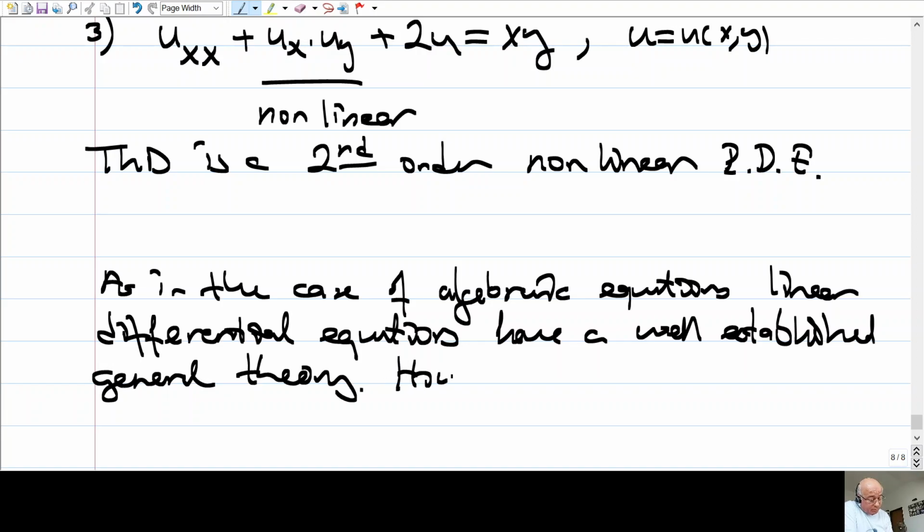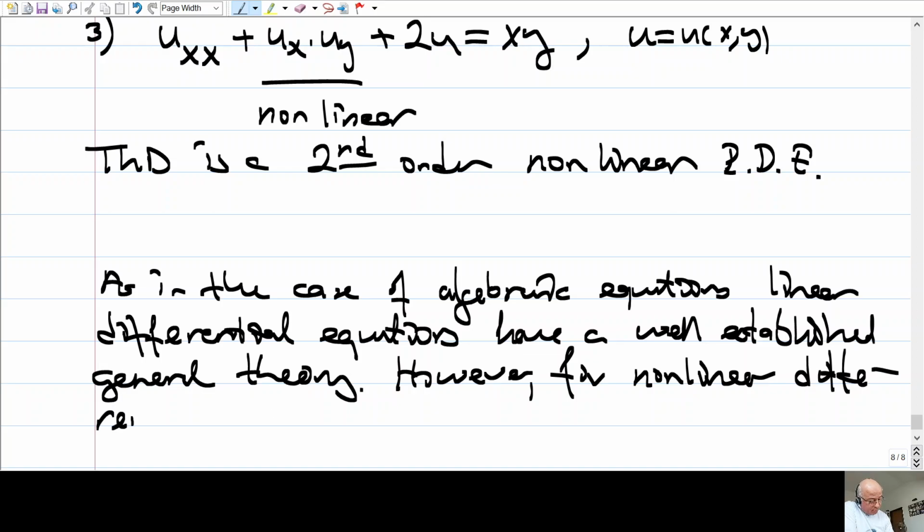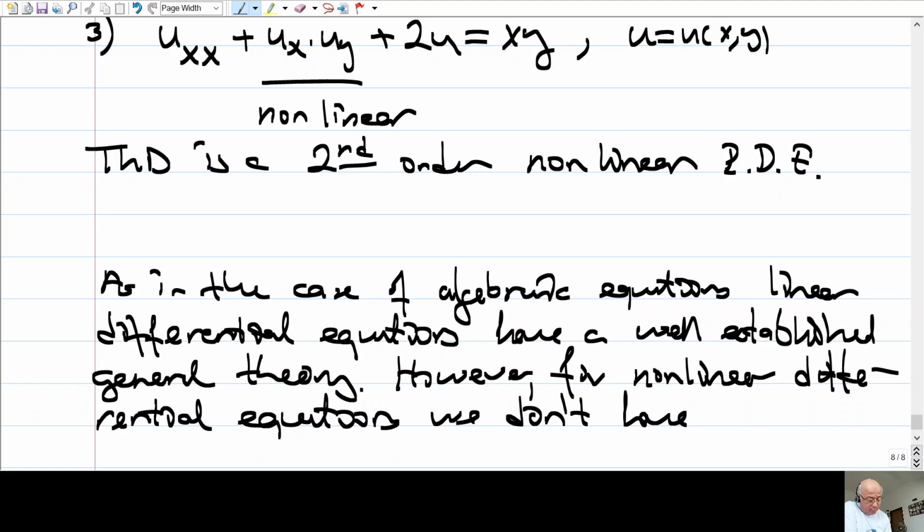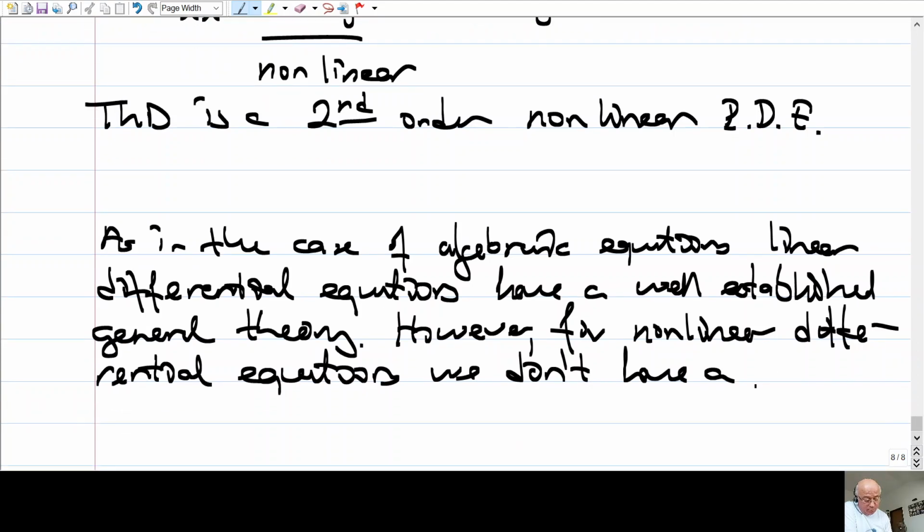However, for nonlinear differential equations, we don't have a general theory.